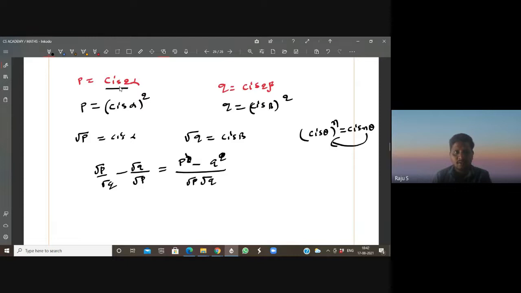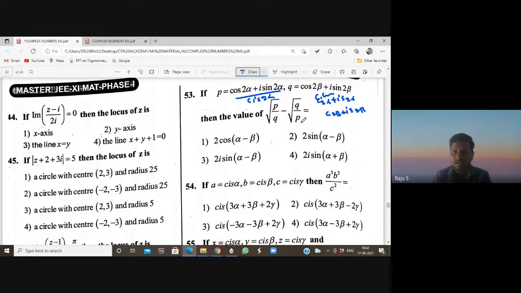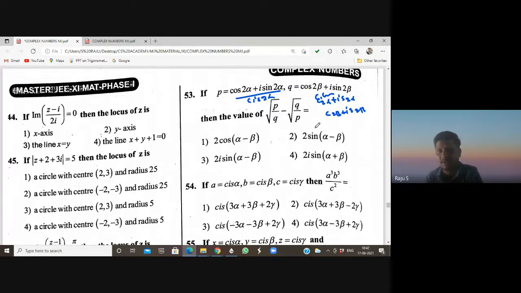Cos 2 alpha, Q value you can substitute cos 2 beta. Then whole PQ you will write. So substitute cos alpha, cos beta, and this you can simplify with the help of that. We know very clearly cos alpha minus beta, cos alpha plus beta, sin alpha minus beta. So the answer we will get is the third option. You can try this. If you're not getting it, tomorrow I can explain to you.